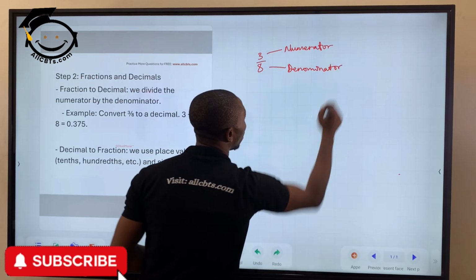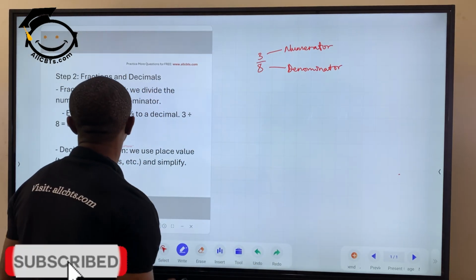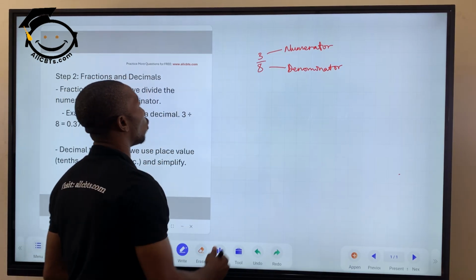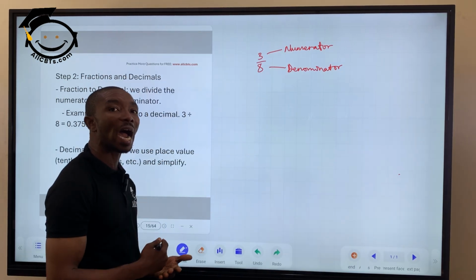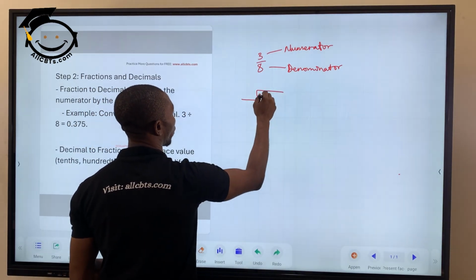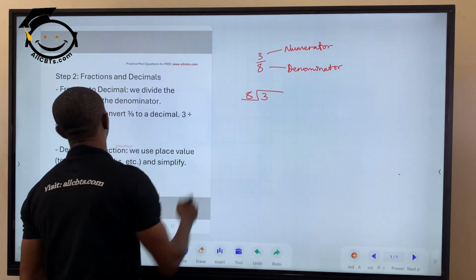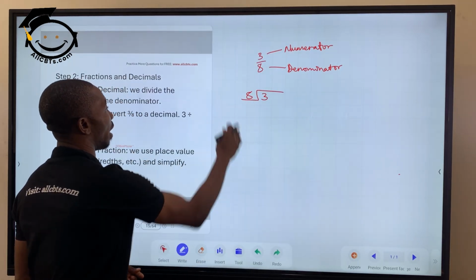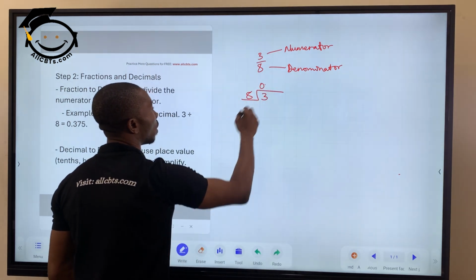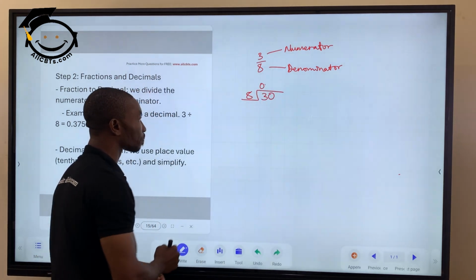denominator. Okay? Now, so for us to convert this fraction to a decimal, we'll divide the numerator by the denominator. So this becomes 3 divided by 8. Okay? 8 cannot divide 3, so we write down 0 and add 0.